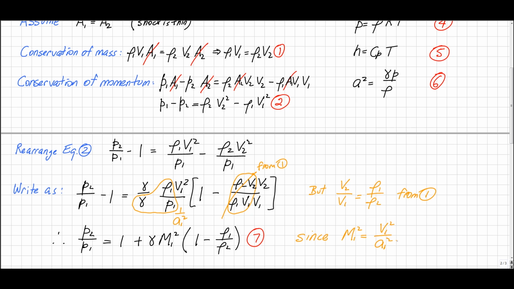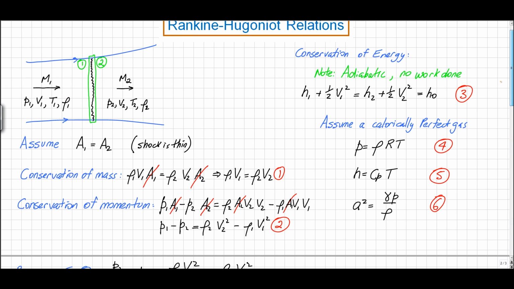Next thing we're going to work on is our energy equation. Let's look back at equation 3, which said that the total enthalpy was conserved across the shock wave, and that the total enthalpy is the static enthalpy plus a half V squared. We're also going to note from equation 5 that we can say H is equal to CpT. Putting those two things together, we get another expression.